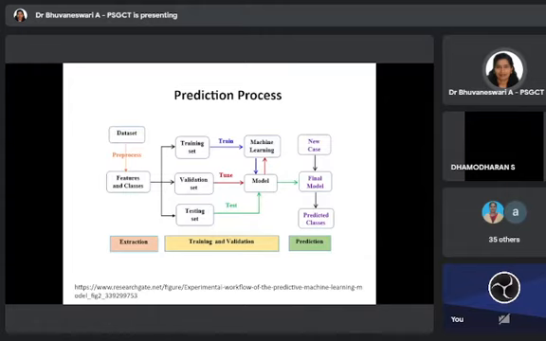systems, the first process is the data set. Acquire the data set that is relevant to the application. Whatever may be the application, data sets play a major role. Once you acquire the data set, you have to pre-process it.